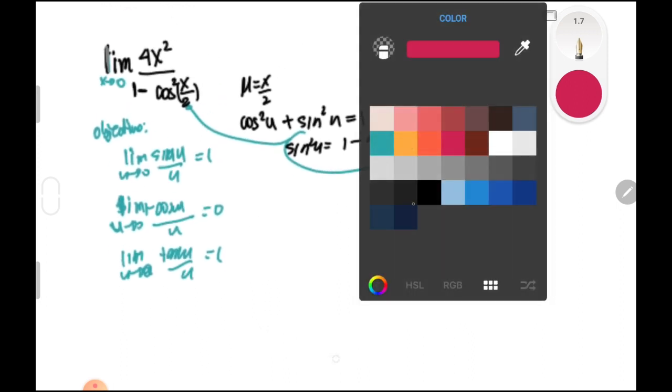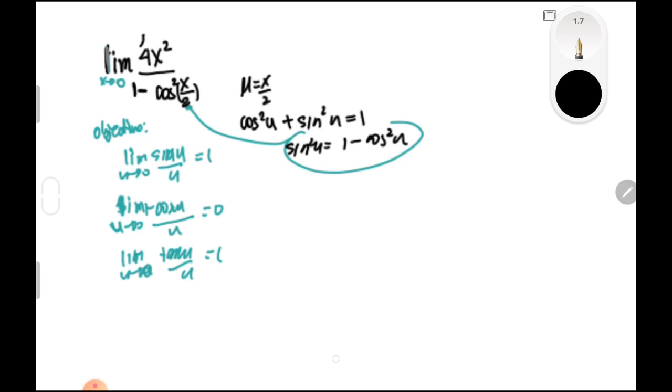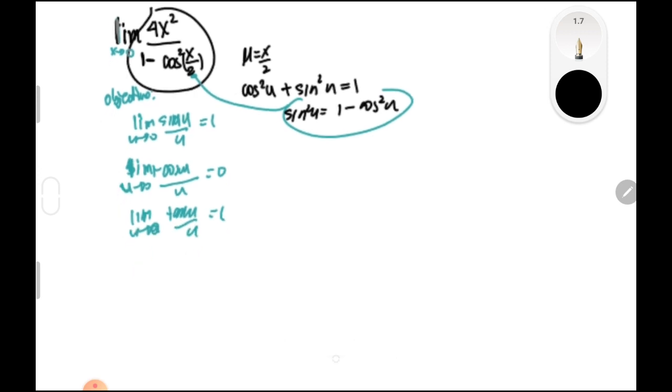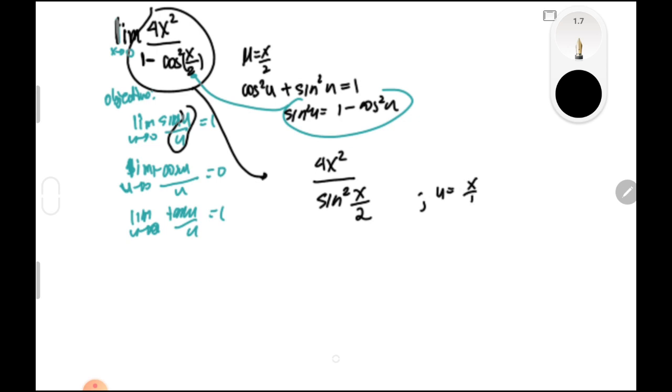Okay, so let us manipulate this equation, right? Since we all know that this can be equal to sine squared u or sine squared x over 2, therefore let's try it. So we'll have 4x squared divided by sine squared x over 2, right? But the problem is, take note that we have a similar u, and our u here is equal to x over 2. So how will we do this?